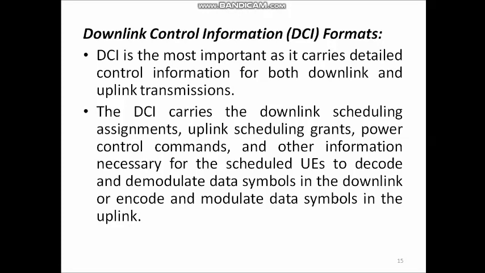First let us see different DCI formats, and then we will discuss the coding and modulation processing for each control channel. The DCI carries the downlink scheduling assignments, uplink scheduling grants, power control commands, and other information necessary for the scheduled user equipments to decode and demodulate data symbols in the downlink, or encode and modulate data symbols in the uplink.